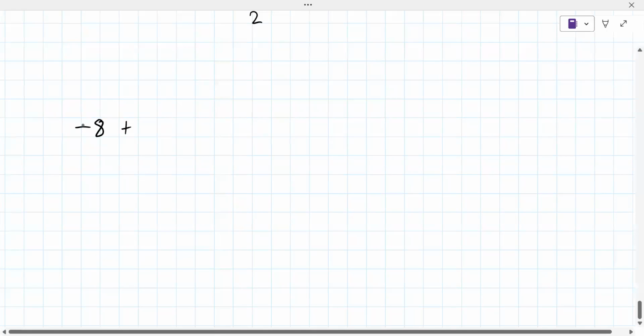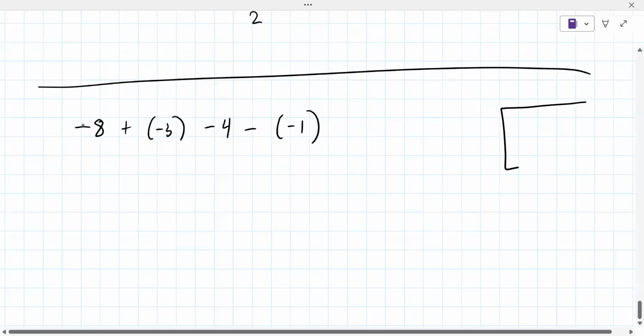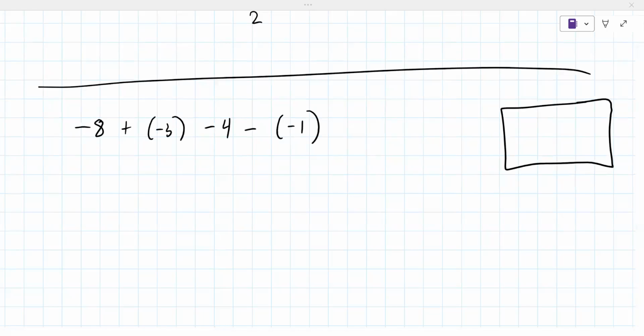Let's go -8 plus -3 minus 4 minus -1. So here's again a new one for you to try. I just want your final answer there. -8 plus -3. Remove the parentheses.